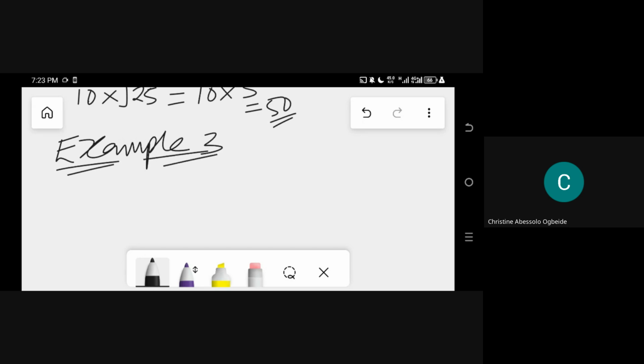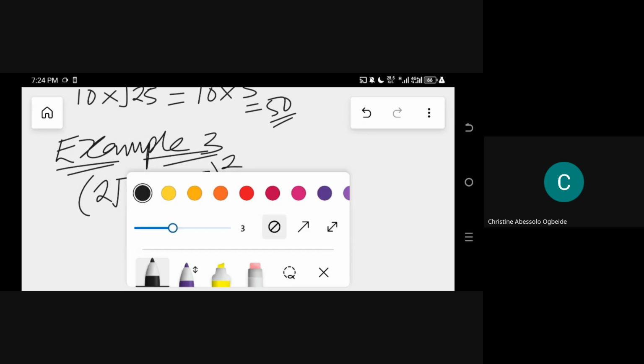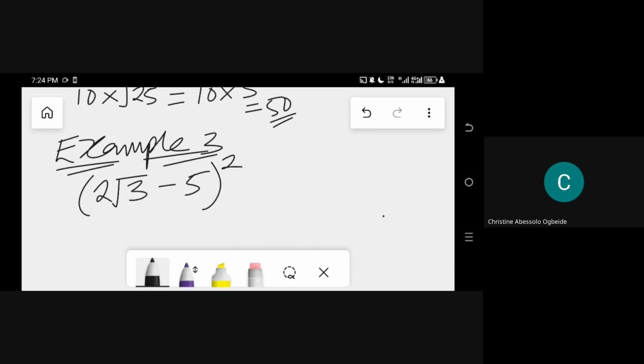Let's say this is 2 root 3 minus 5, all to the power of 2, for instance. You're expected to solve this, expand this bracket.